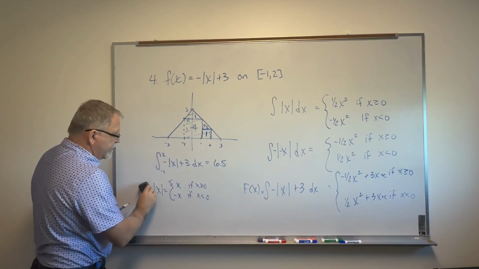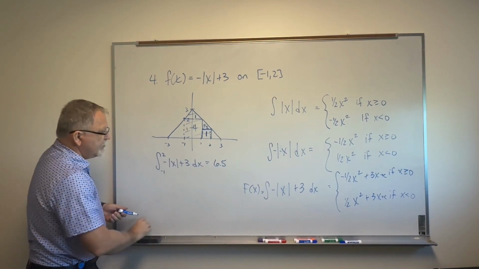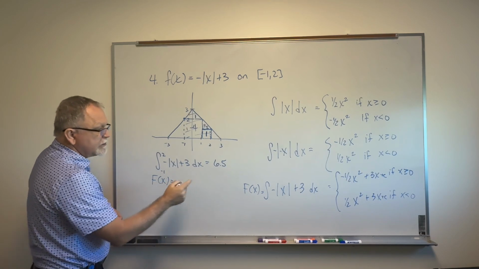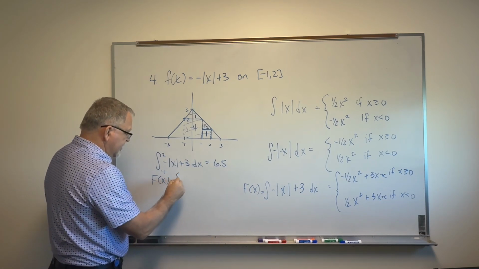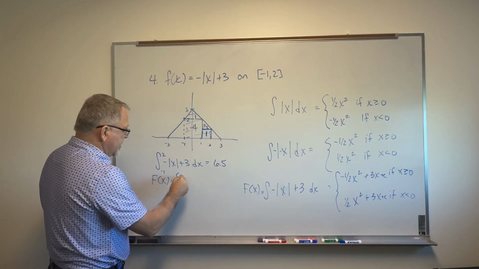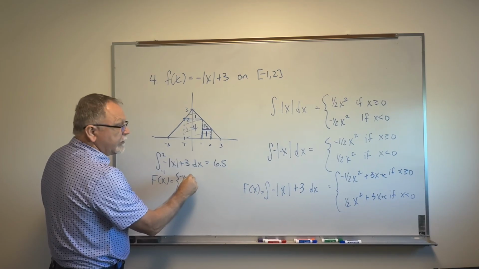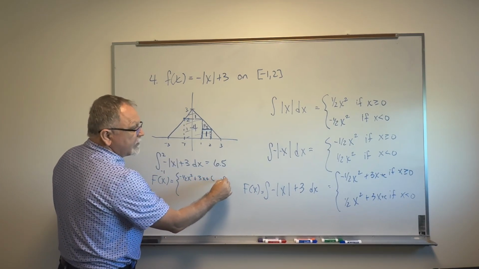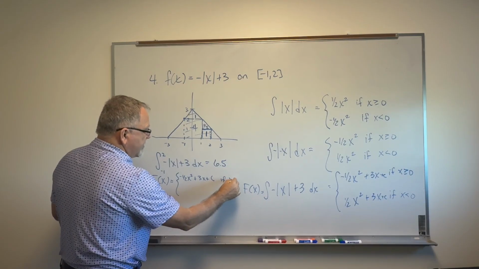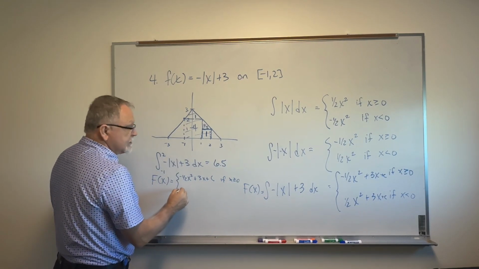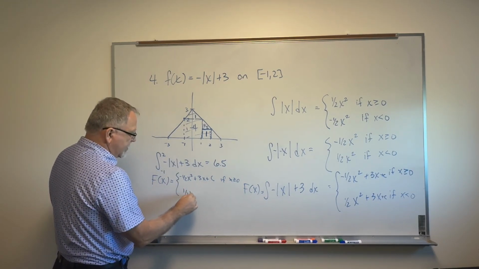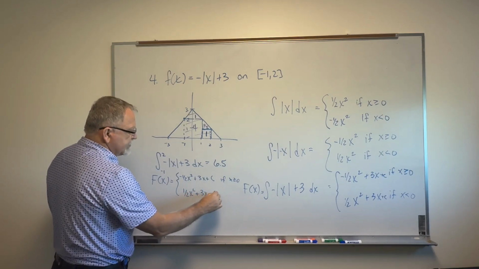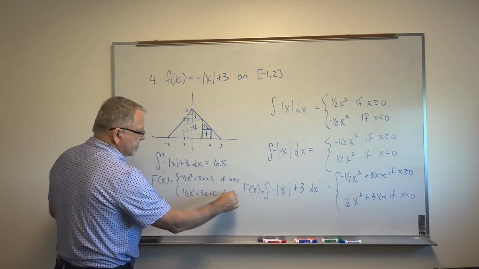So I'm going to go ahead and write that here. My big F of x function is equal to this piecewise function. It's -1/2 x squared plus 3x plus a constant if x is greater than or equal to 0, and it's +1/2 x squared plus 3x plus the constant if x is less than 0.